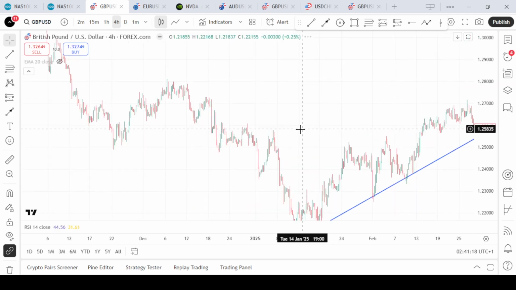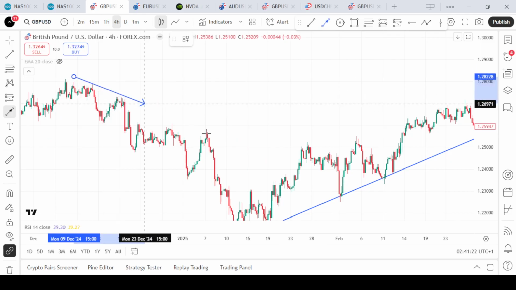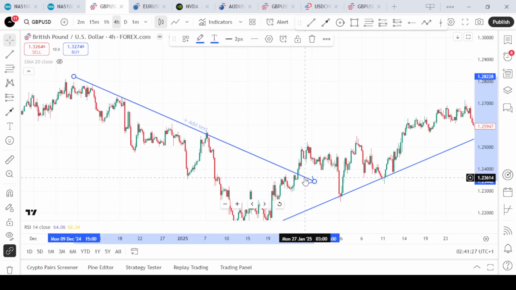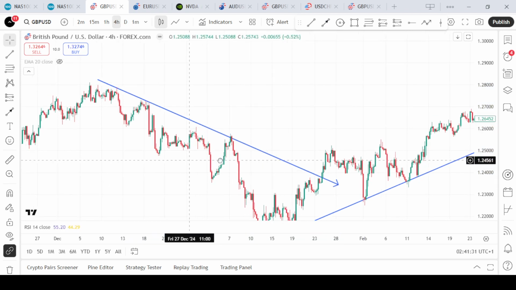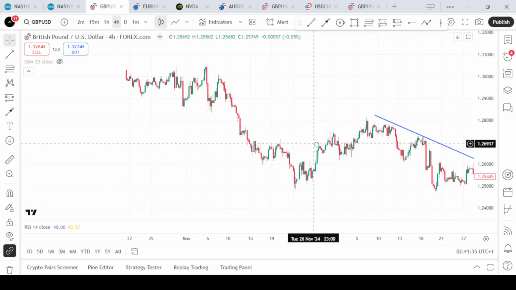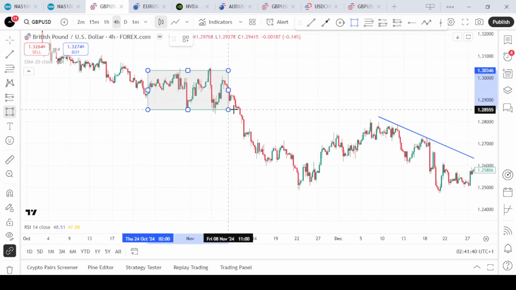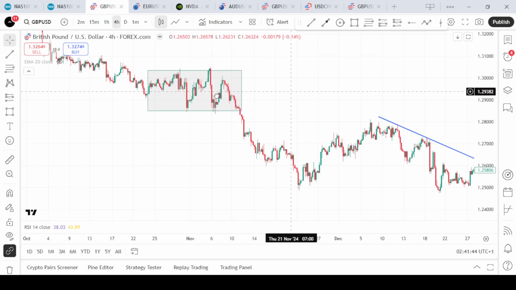While a downtrend is when the price is making a series of lower lows, lower highs, and is respecting the trend line to the downside. While a sideways moving market is when the market is moving in a sideways direction without any movement to either the upside or the downside.